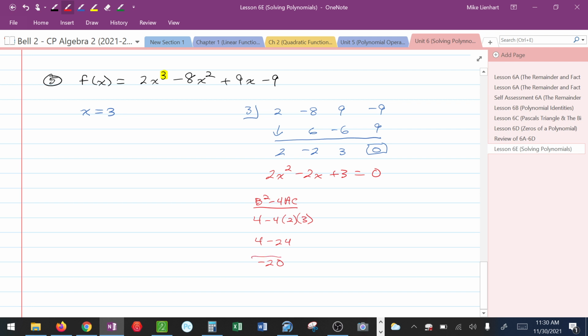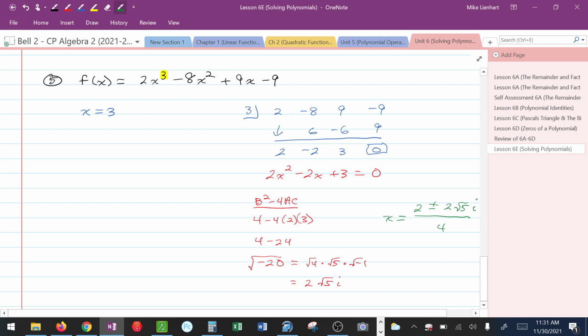Too complex. Square root. So remember, this would break down to the square root of 4, square root of 5, square root of negative 1, or 2 radical 5i. Go to the formula. X equals the opposite of b, so b is negative 2, so there will be 2 plus or minus 2 radical 5i over 2 times a, which in this case would be 4.